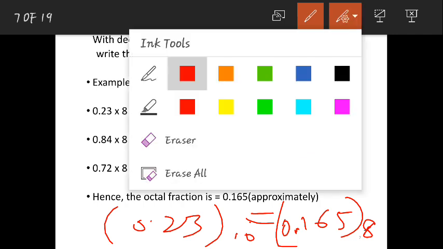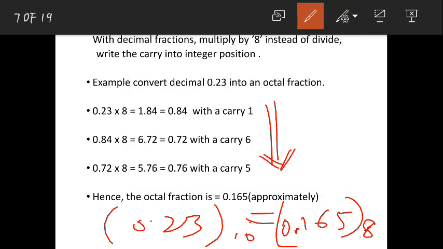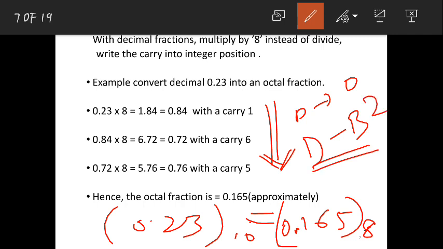Now this is to convert from decimal to octal. In the previous video I said multiply. In the same way, to convert from decimal to binary, you need to multiply that fraction value with 2 for binary. For octal you are multiplying with 8.